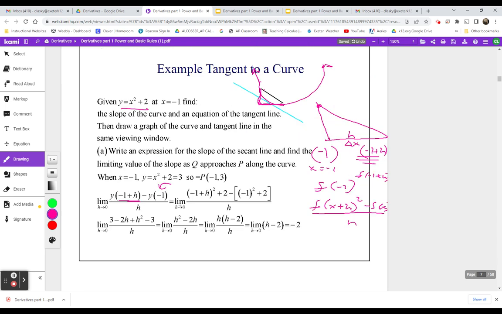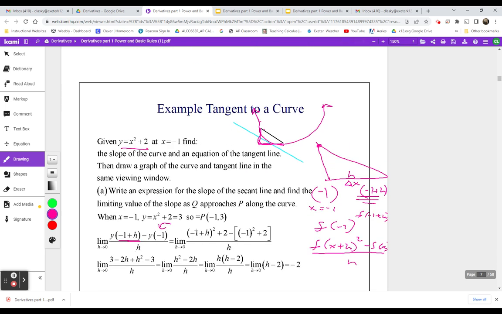All right. So when you do all that, you got to multiply this out. Don't forget, this is the most common mistake, which is going to be -1 plus h times -1 plus h. And this thing cleans itself up. If it gets really, really big, it should kind of cancel things out, like your 3's cancel here. And then once you get to this point, your h's cancel.